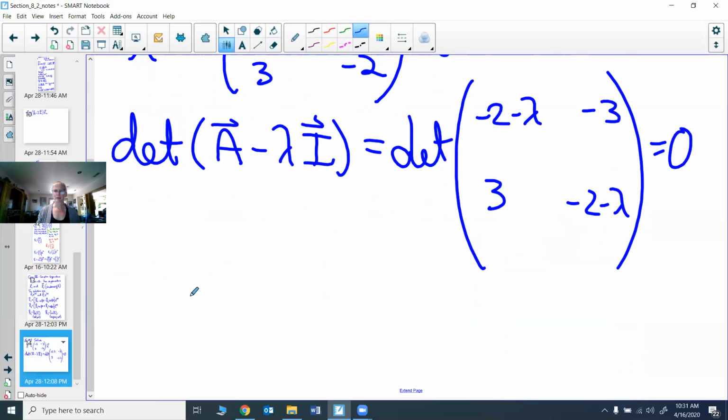So when I do this, I end up with -2 minus lambda times -2 minus lambda, minus -3 times 3, which is -9, minus a -9, equals 0.